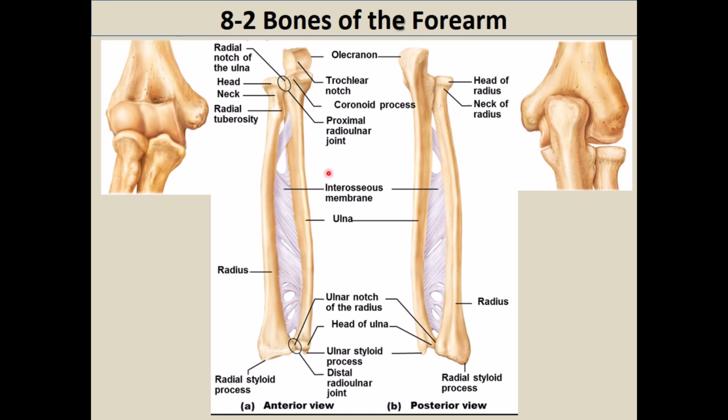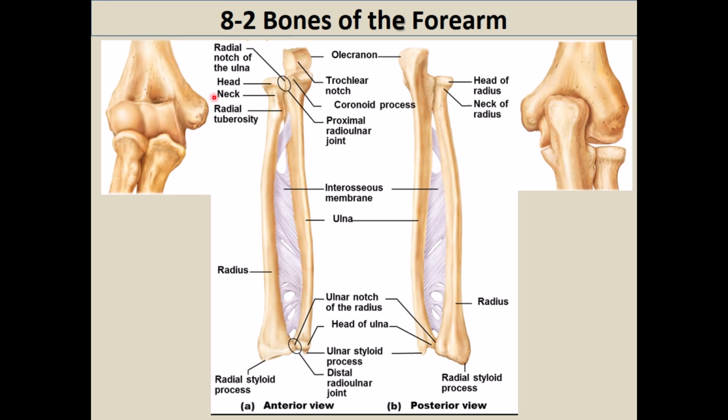You can also see some other structures in the proximal and distal areas. So the olecranon, you cannot see it from the anterior view. It's difficult to see. This is the olecranon of the ulna. If you touch your elbow from the posterior side, this area, this is the olecranon. This area is called the trochlear notch, and this is where it articulates with the trochlea of the humerus.